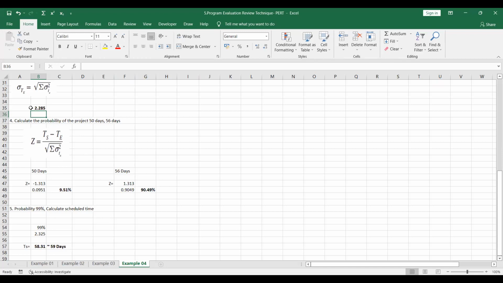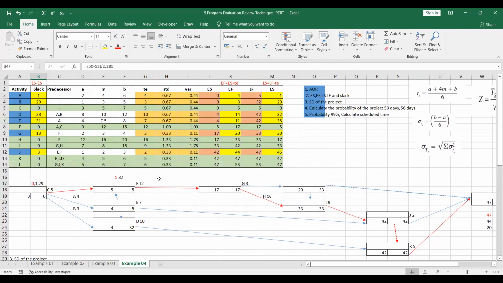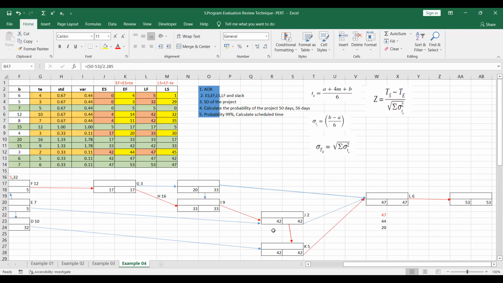We have now calculated the standard deviation of the project as 2.285, and they have given the scheduled time as 50 days. So what is the expected time to complete this project? After drawing this project network, you can identify the expected time to complete this project. So what is the expected time to complete this project according to this example?